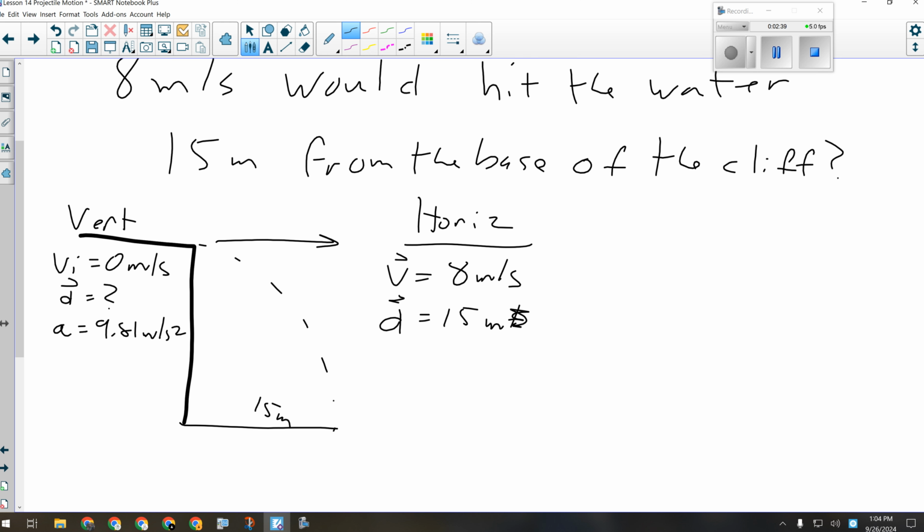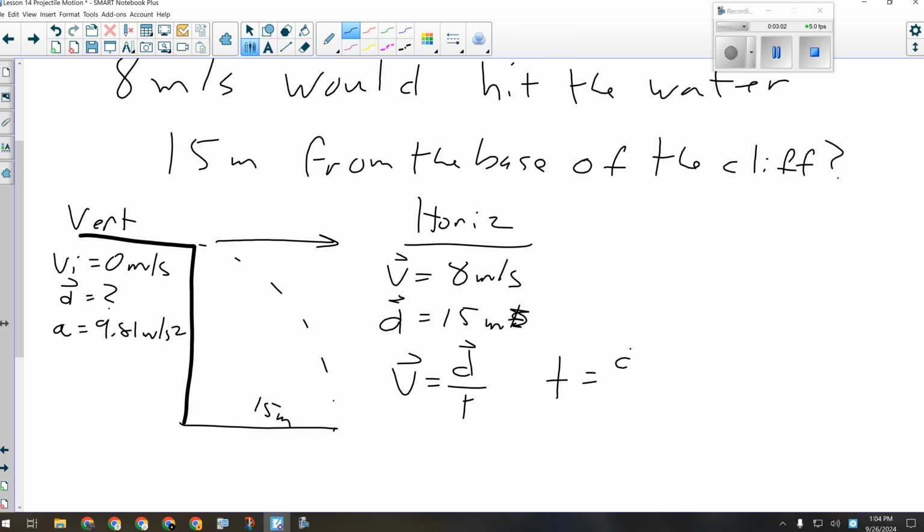What could I get right now? Time. I can use the horizontal data to get the time. Time is the only thing that goes on both sides, both the vertical and the horizontal, and I have enough information, provided I recognize that the object travels at a constant velocity horizontally. So then I can solve for time.